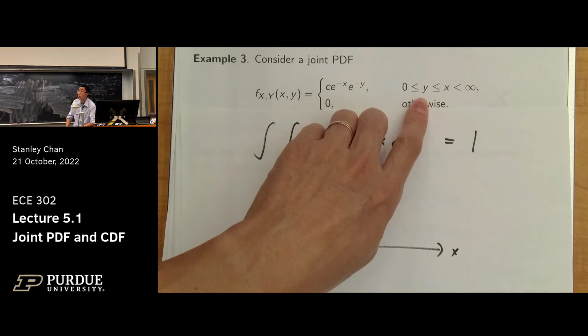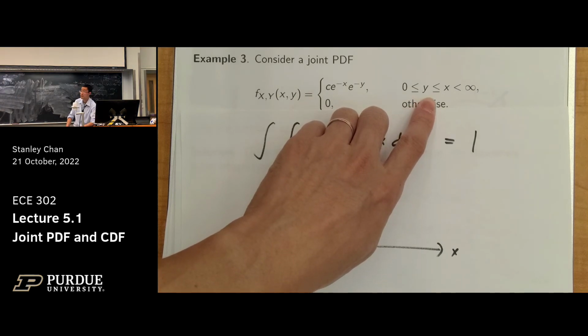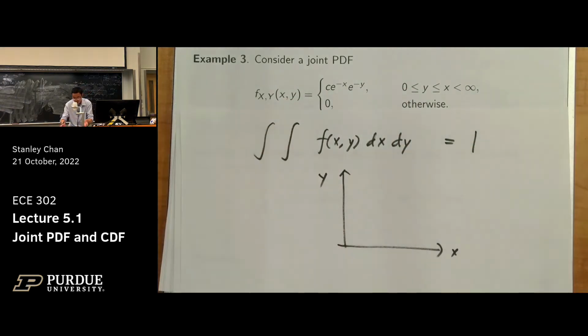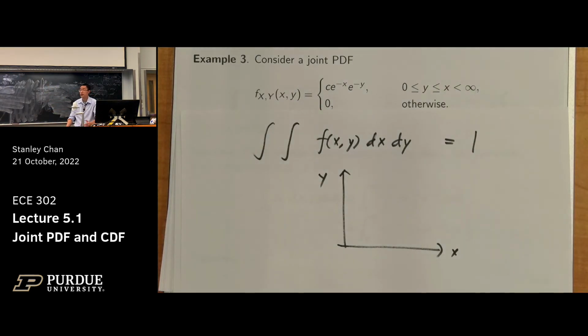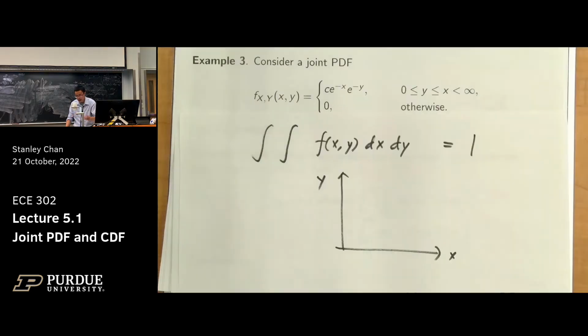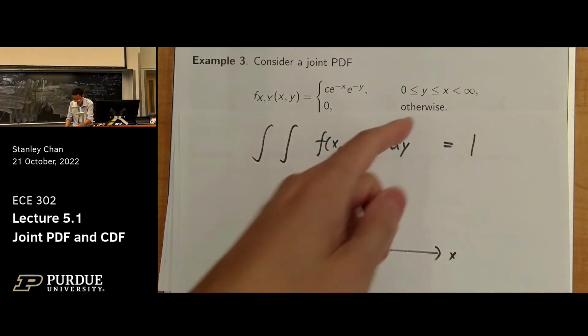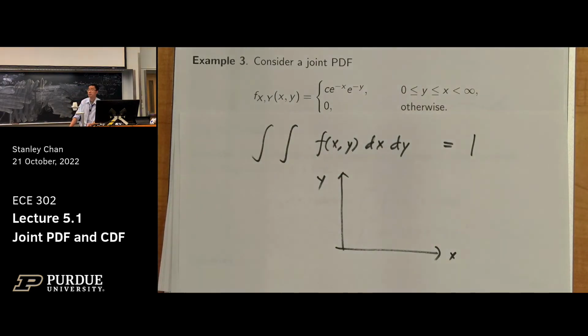However, your y is less than x. If it is from 0 to infinity for both x and y, then of course it will just be the entire positive quadrant. But then you have a range, y less than or equal to x. What is it? Y less than x.